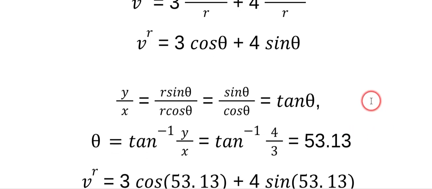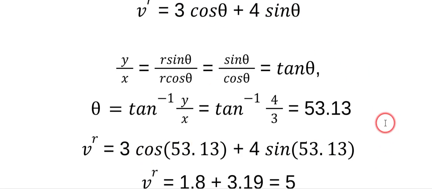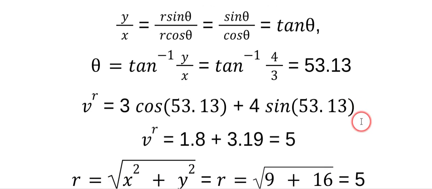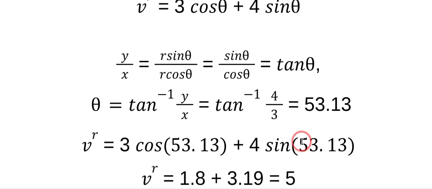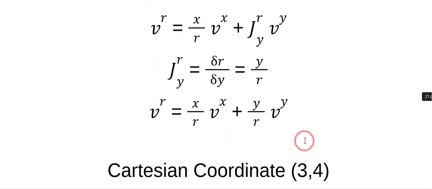All right. So now we've got to put that back into this equation, and we solve all this out, and we get V^r is equal to approximately 5. Well, the way I did it was just looking at this. r is equal to the square root of x squared plus y squared, which is equal to 5. So that's the reason I didn't use all of this, which is the proper way.